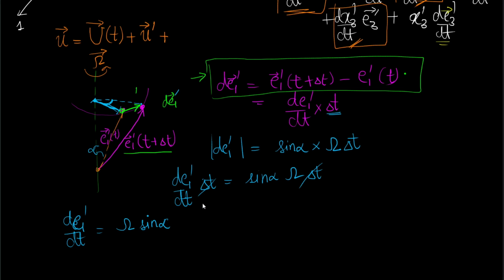And if you pay attention, this dE1 prime is going to be orthogonal to both the vectors omega and E1. And so this algebraic condition is satisfied when this is equal to omega cross E1.